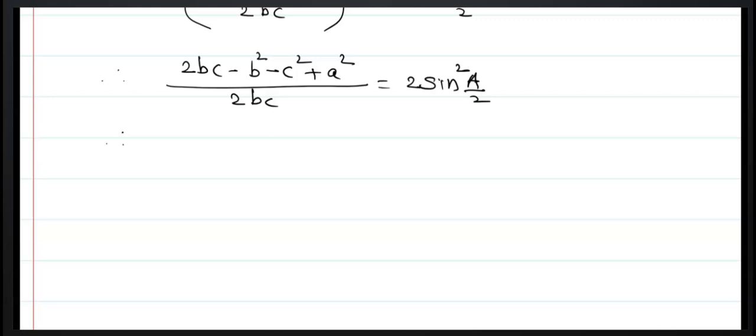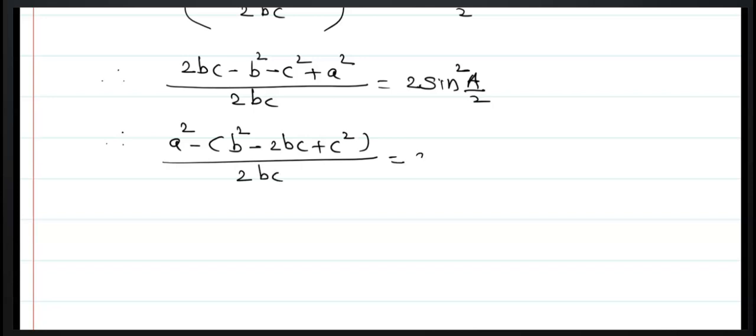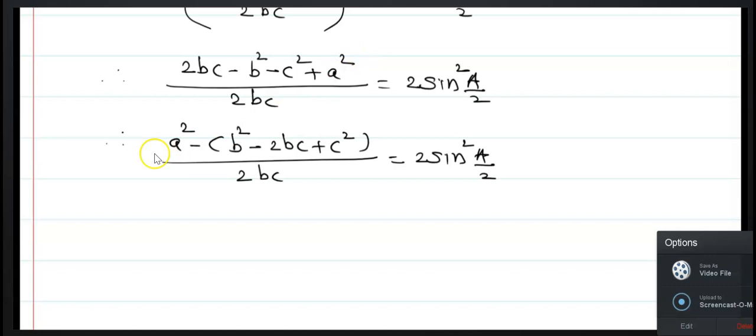Therefore, a square in bracket, (b square minus 2bc plus c square) upon 2bc. If we simplify this, take the minus sign common from the first three terms, then a square minus (b square minus 2bc plus c square) upon 2bc equals 2 sin square (A/2).